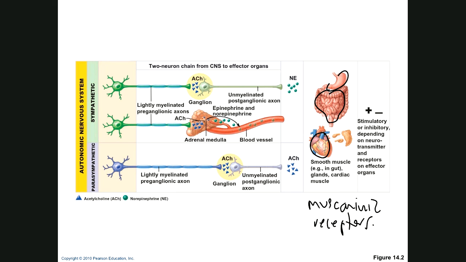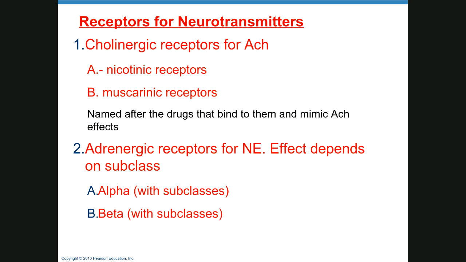And muscarinic receptors can be excitatory. It can depolarize the muscle of the organ, or it may inhibit the muscle or the organ. So muscarinic receptors can be excitatory or inhibitory.